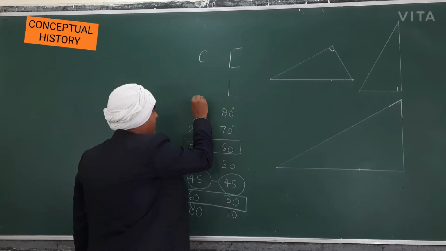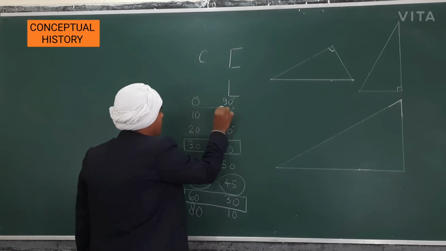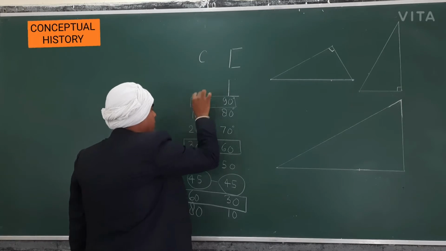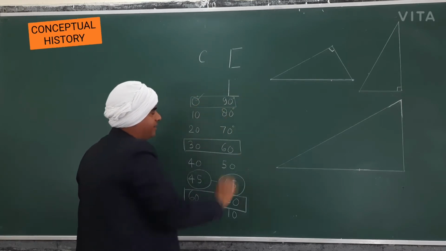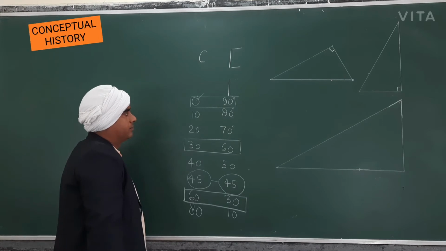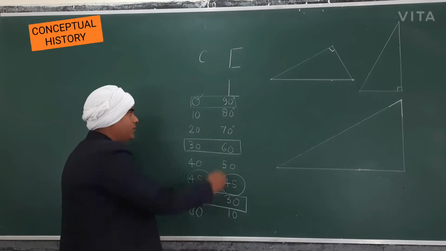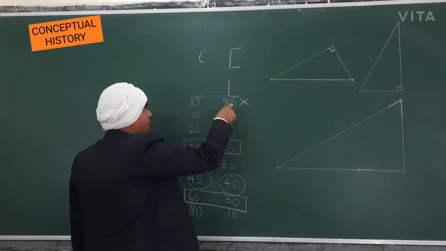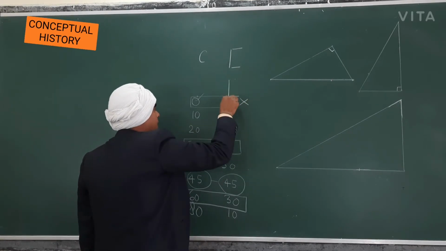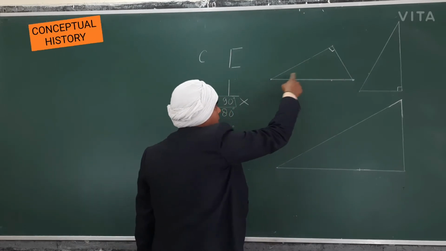No. 0 and 90 is not possible, because when one angle is 0, the triangle will be a line. This is not in any triangle. If one angle is 90 degree, and you make the other 0, this will be 90 degree.